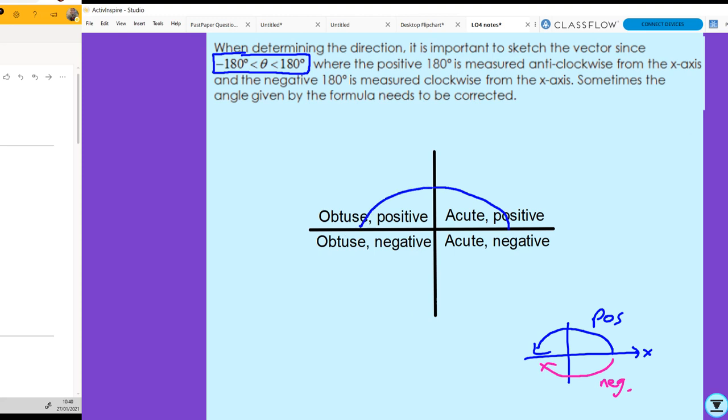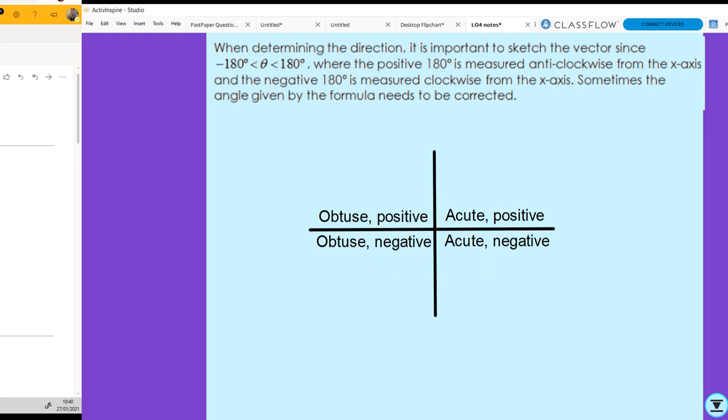Whereas underneath, again, we've not reached 90 degrees in the negative, so it's still negative acute. But from this point onwards, it becomes obtuse and negative. So, in other words, we have to memorise this diagram. It's either positive acute, positive obtuse, negative acute, negative obtuse. And I'm going to show you how we deal with this.